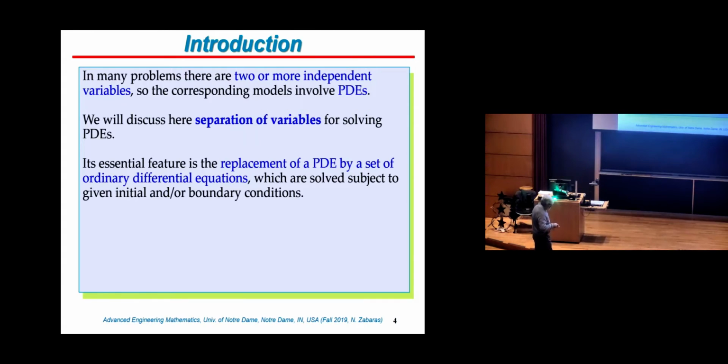We're going to write the solution as the product of solutions that each depend on only one variable at a time. This is going to lead to ordinary differential equations, which is what we know. And the actual solution of the PDE is going to be a linear combination of solutions we obtain from ordinary differential equations.